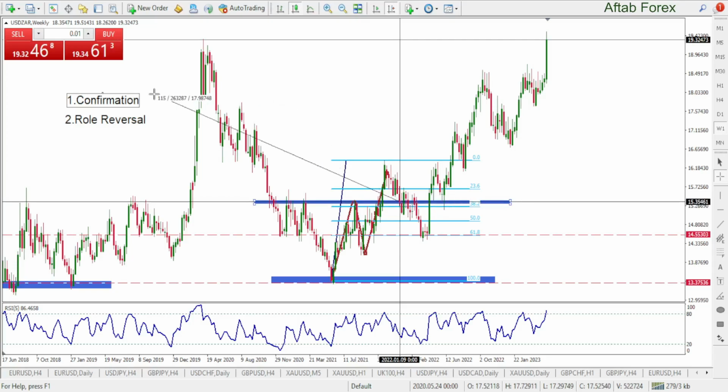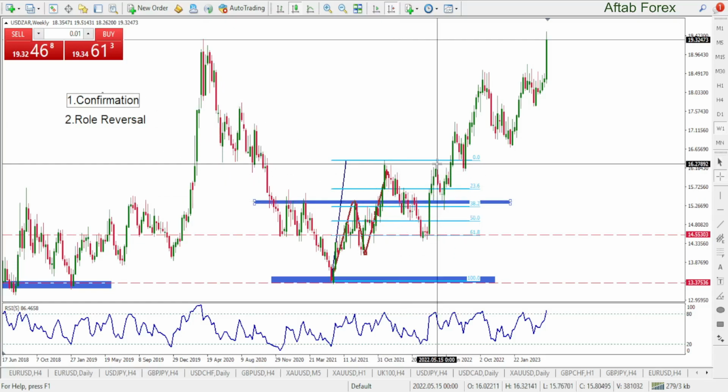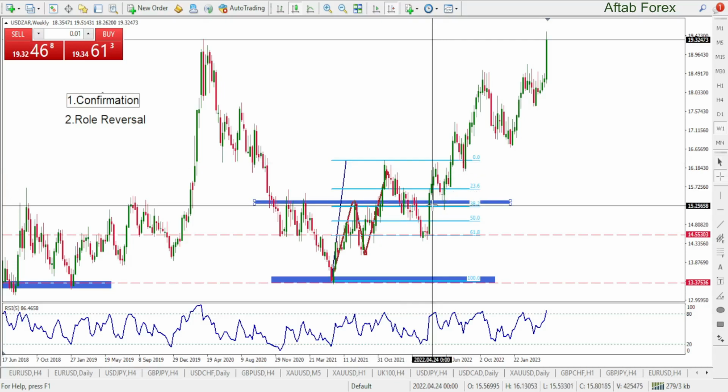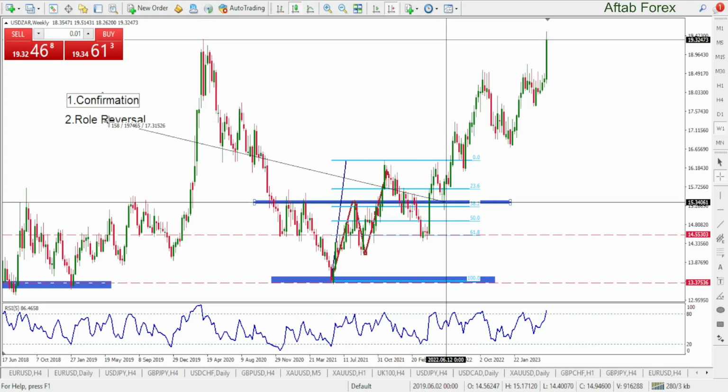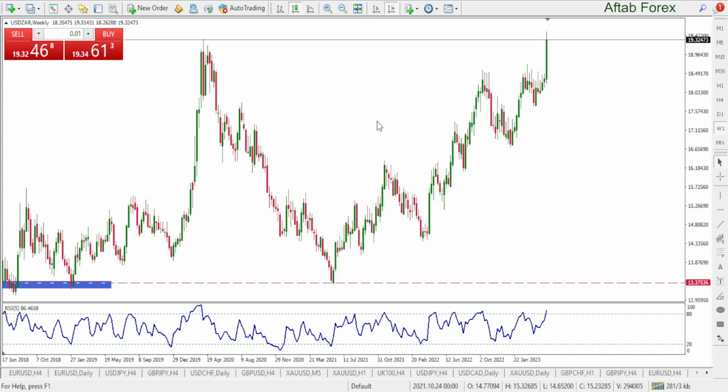We got no confirmation, so we did not trade it. We got confirmation, so we traded it. We got a breakout, a comeback down to the previous zone, and a rejection. This is role reversal, and the market continues back up. So these are the two main important concepts, my friends. Remember, confirmation, role reversal. Now let's get back to the analysis.